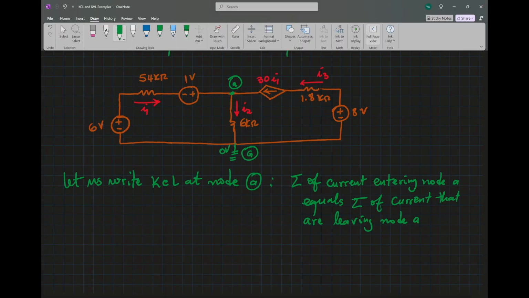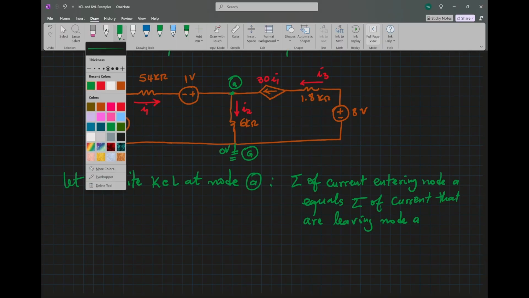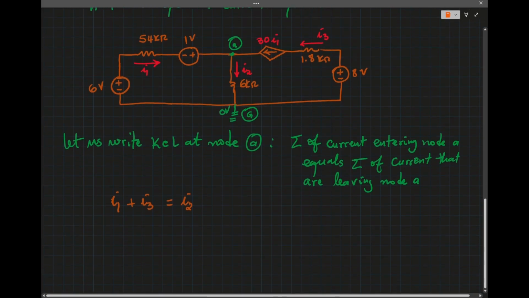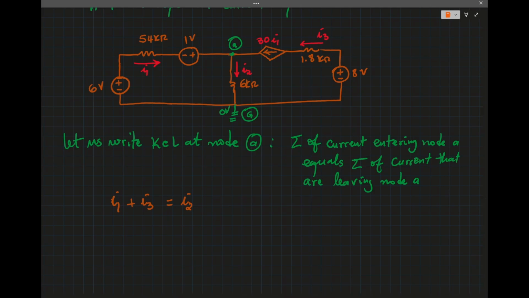That gives me I1, which is the current coming to that node, plus I3 equal to I2. So that is the current equation that we needed.